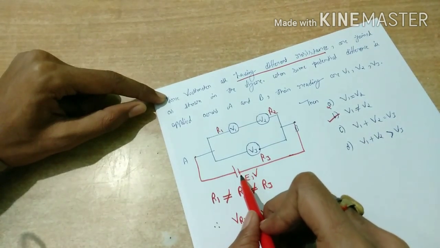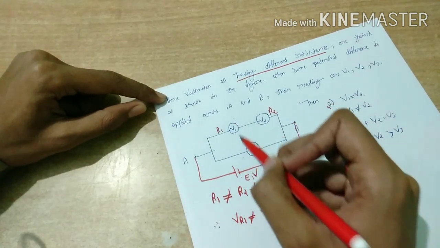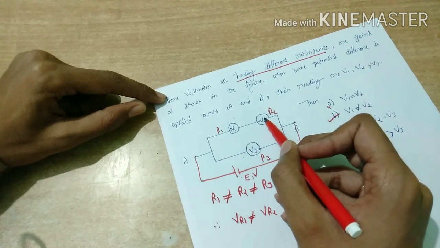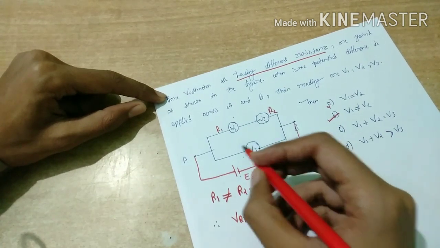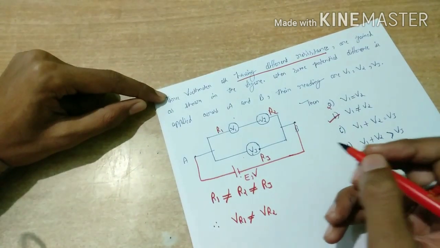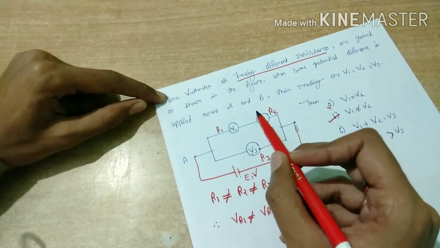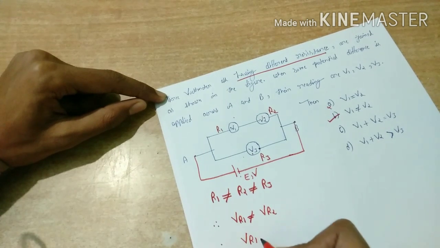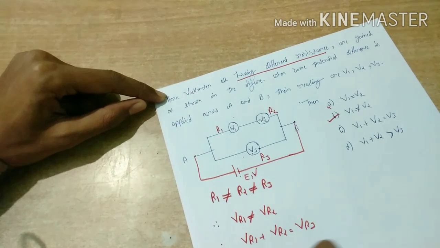Whatever potential is applied here distributes here and here in the same or equal way, because these two voltmeters and this voltmeter are in parallel combination. That's why voltage remains the same here and here. So the sum of the potential differences across V1 and V2 is equal to V3.